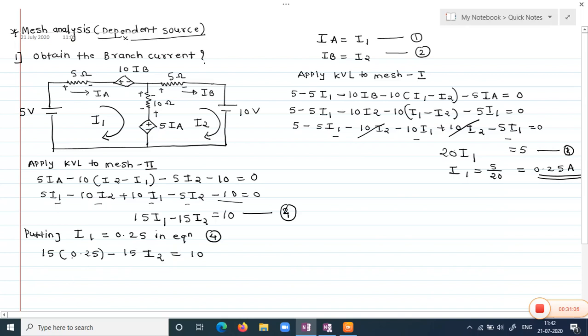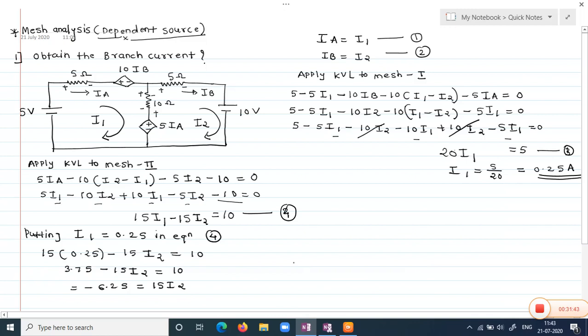So you have to multiply 15 by 0.25, you will get 3.75 minus 15 I2 is equal to 10. Means 3.75 minus 10, you will get minus 6.25 is equal to 15 I2.